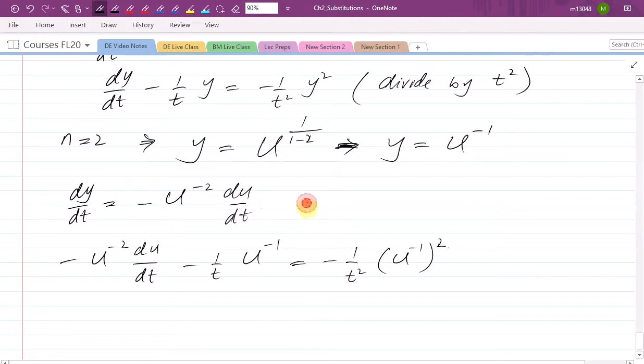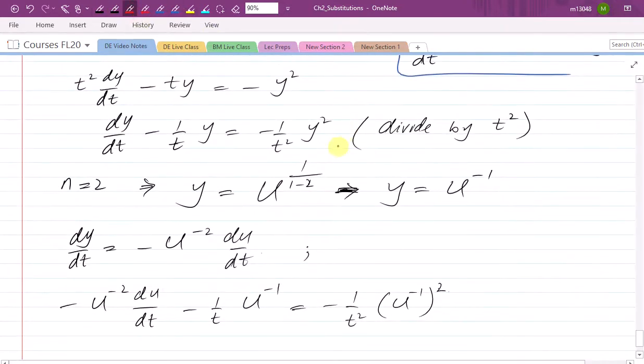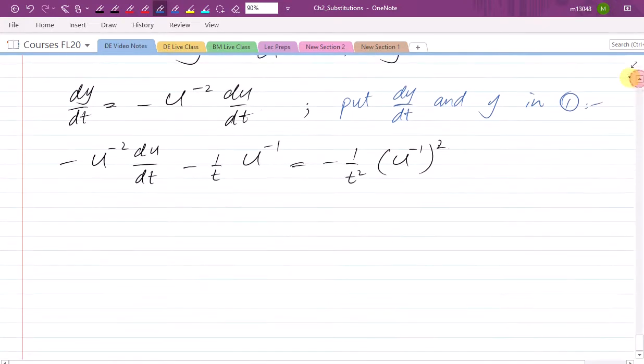I'll call this equation 1, and I'll write here, put dy by dt and y in 1. I'm going to directly divide this and simplify with this part in the same step.